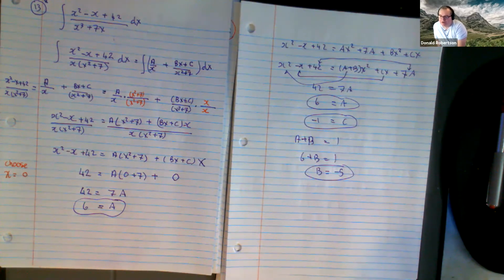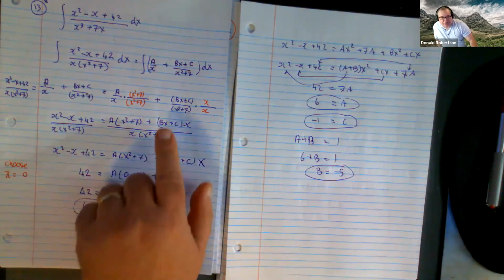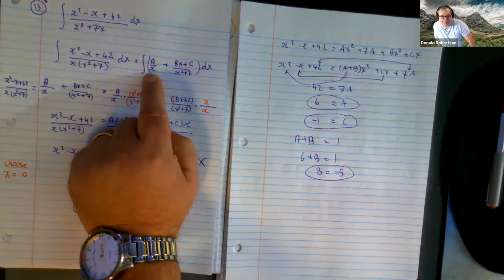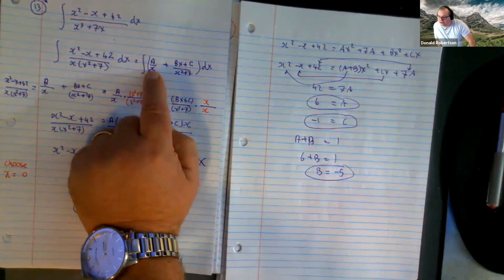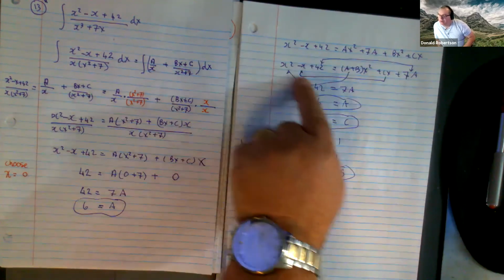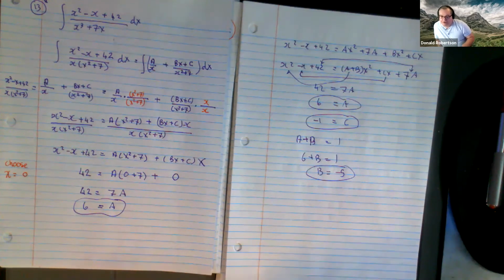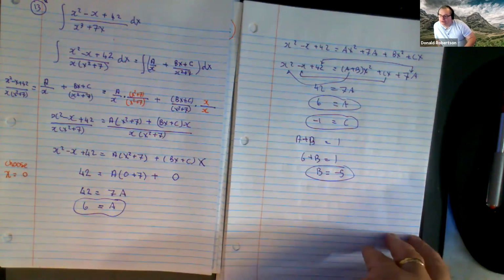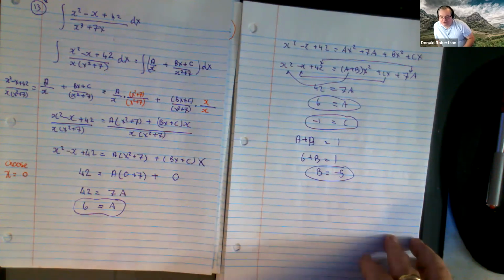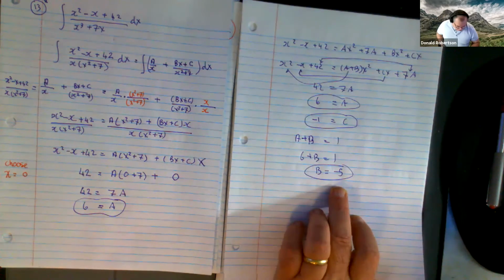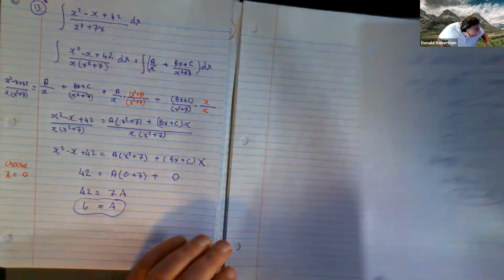The reason why it came out really well was because of this x here. If this term was x plus 1 or x minus 3, this technique would be quite ugly, but it would work, but you'd have to solve some systems of equations. So in this case, really cool method. I like it.